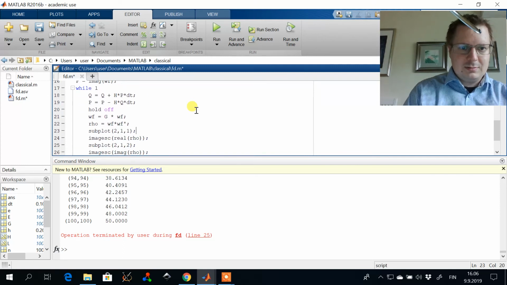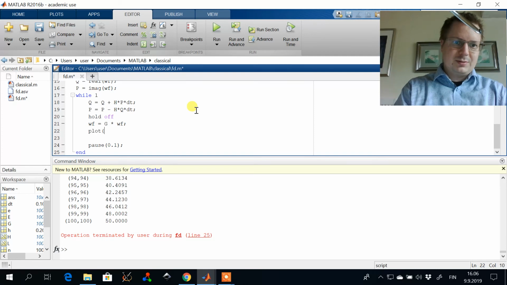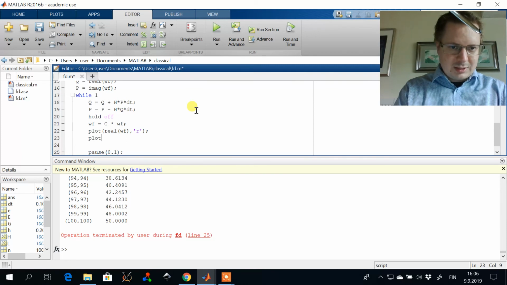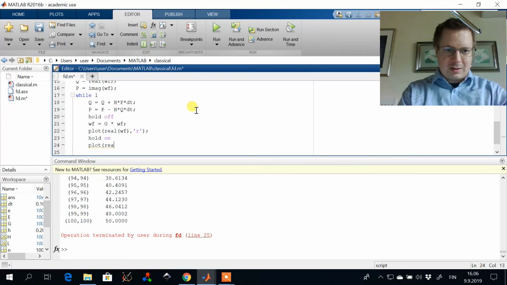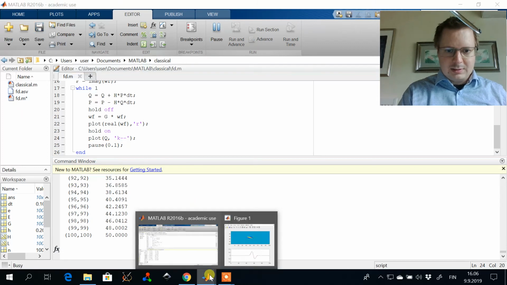And then let's forget about the density matrix, but let's just plot, for example, the real part of the wave function, and then let's also plot our classical variable Q. And now these should be equal.